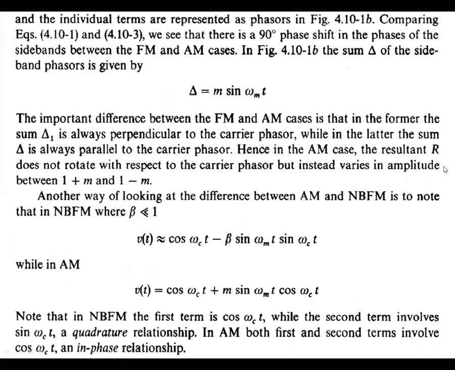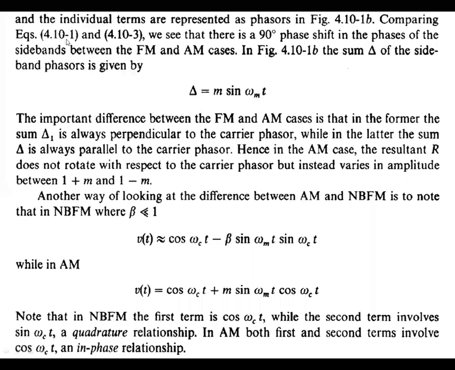Now the individual terms are expressed in figure B.